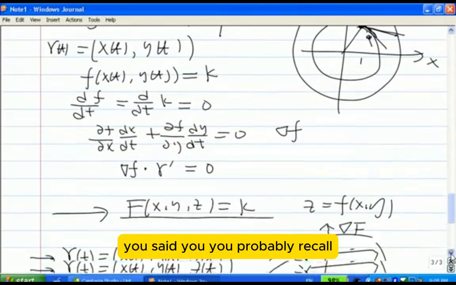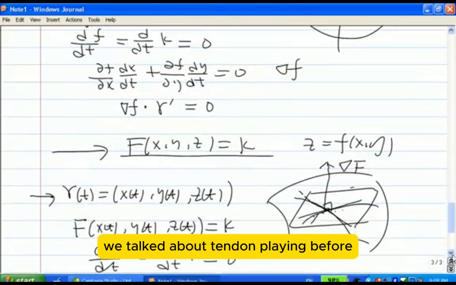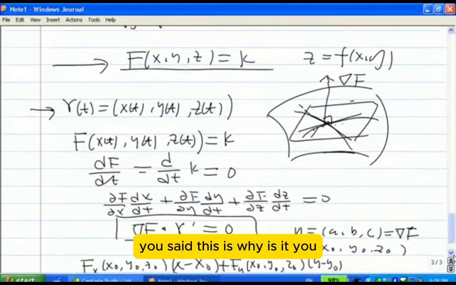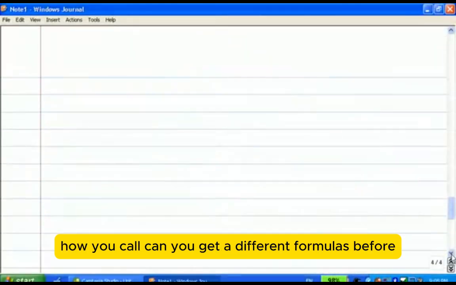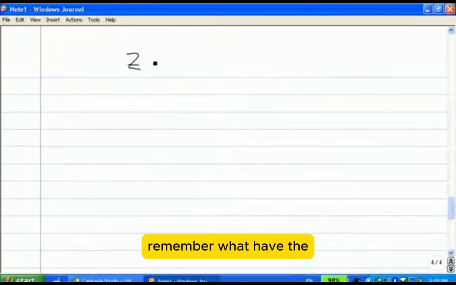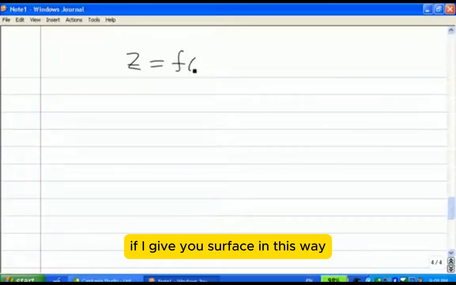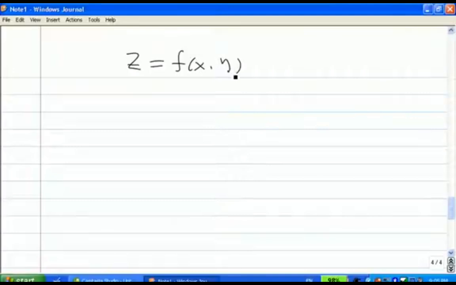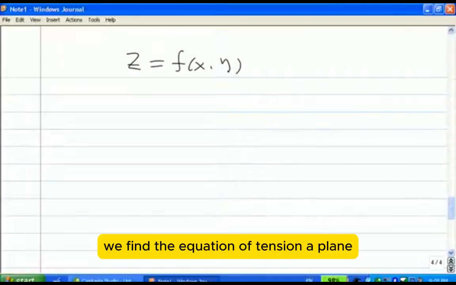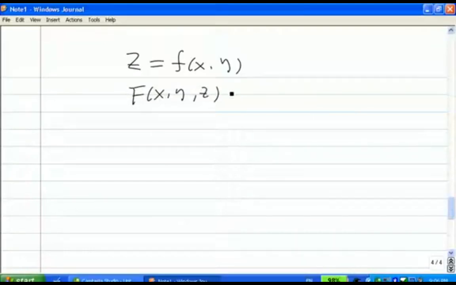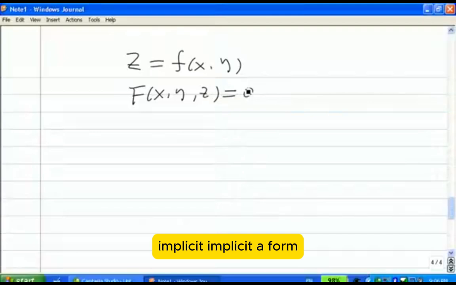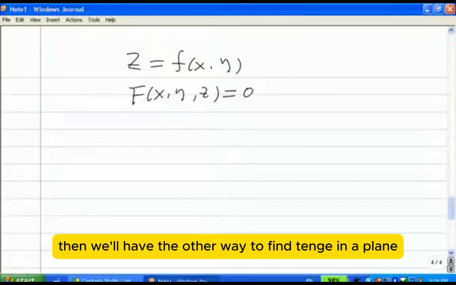You probably recall we talked about the tangent plane before. You may ask, how can you get different formulas? Before, remember, if I give you a surface in this way, we find the equation of the tangent plane. Now here we give you a surface in its implicit form, and then we have another way to find the tangent plane.